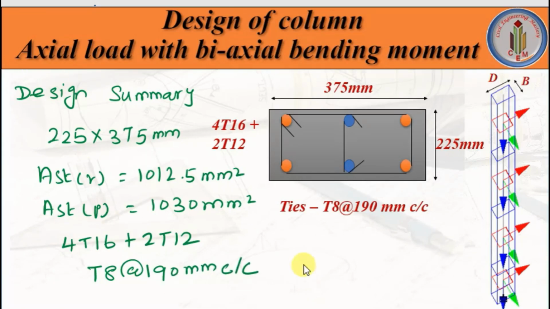So this is the design summary. Percentage of steel whatever we have assumed is 1.2 percent. As for the dia of bar, you can see these corner bars are 4 of 16 and these two are 2 of 12. Ties we have provided T8 at 190 mm center to center.